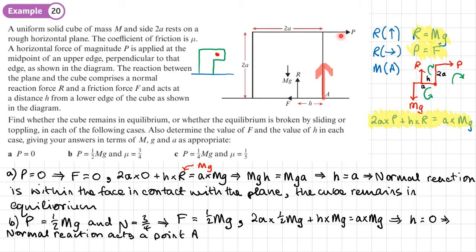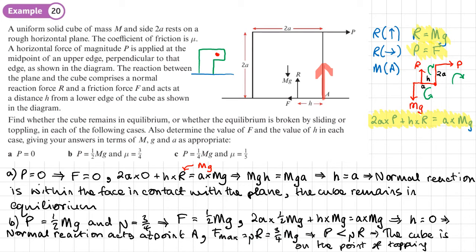Is that pulling force greater than F max, mu r, or less than F max? So F max is mu r, which is 3/4 mg. This means that the pulling force, which is half mg, is less than F max, 3/4 mg.